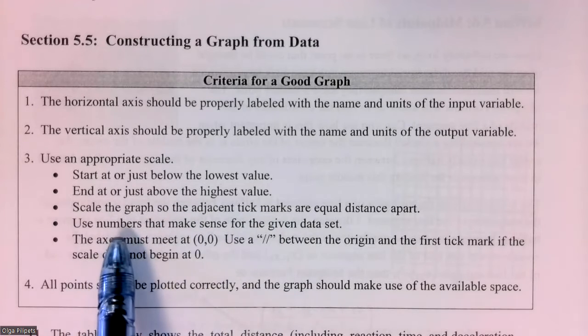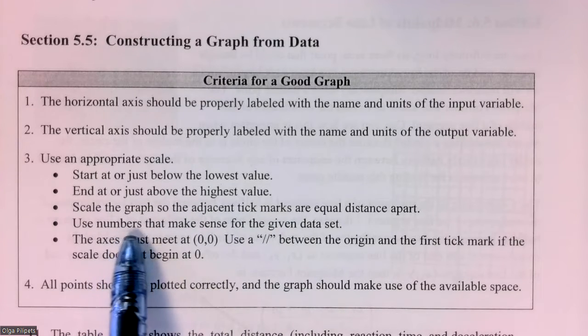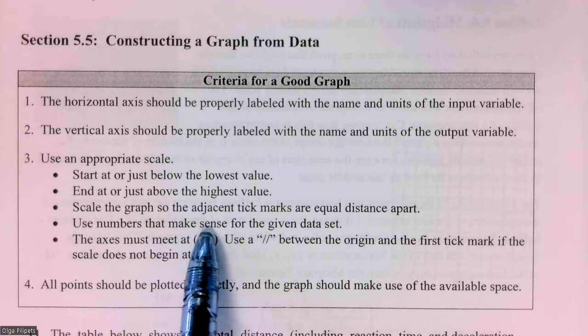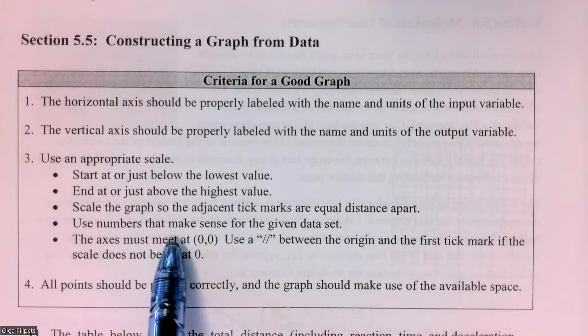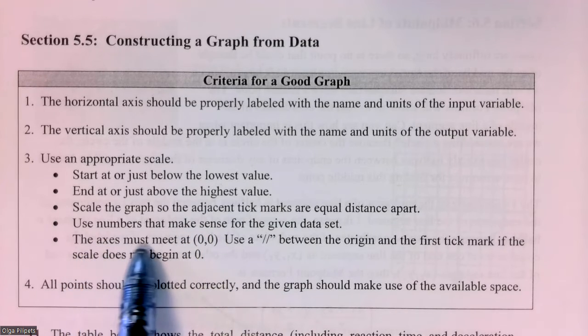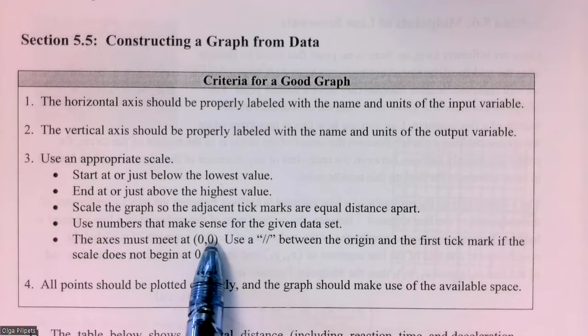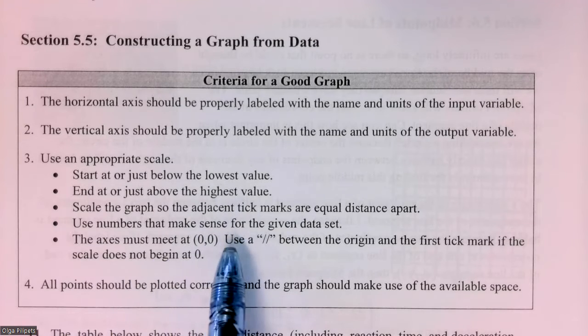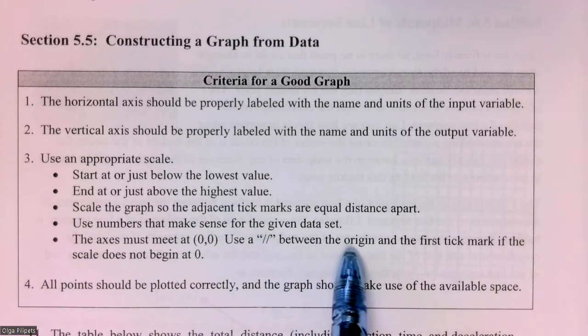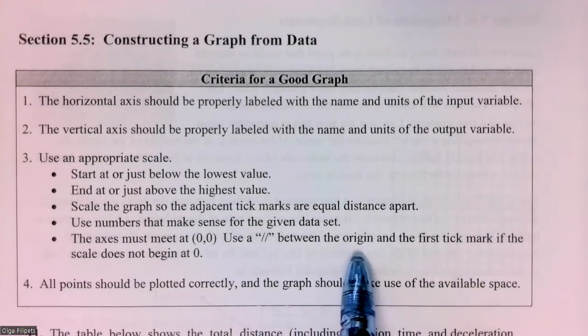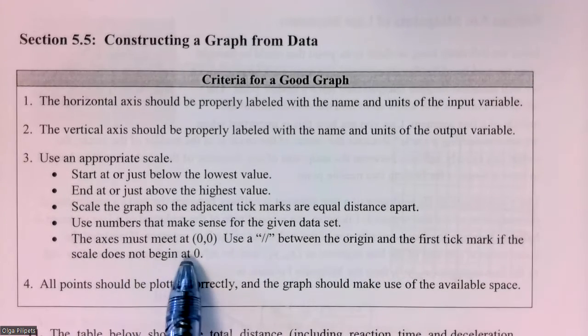We already discussed that as well. Use numbers that make sense for the given data set. The axes must meet at 0, 0. Use this symbol between the origin and the first tick mark if the scale does not begin at 0.